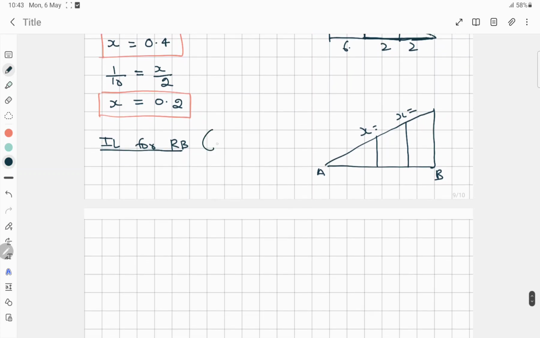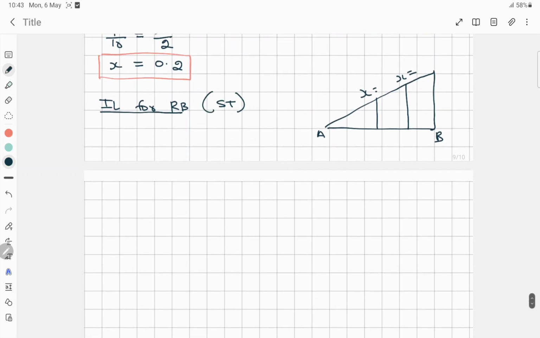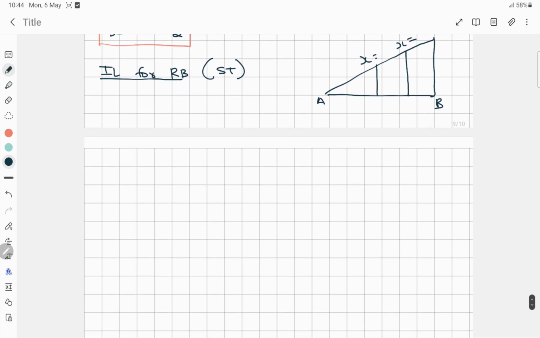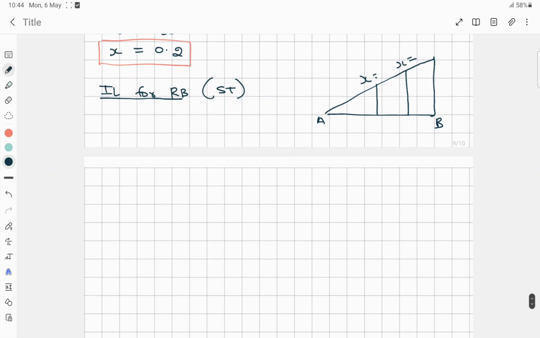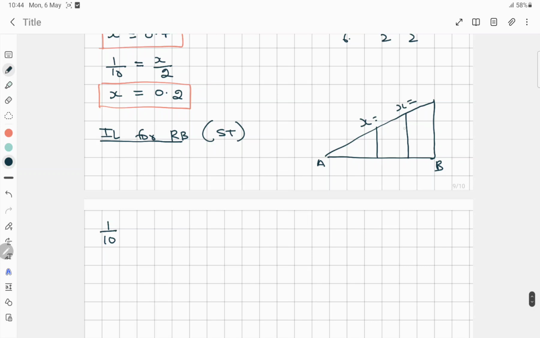So again, from similar triangles, it will be the opposite of that. No, sorry. So it will be 1 by 10, this big triangle, and the small triangle: this is the big triangle, 1 by the whole distance, which was 10, is equal to x divided by this distance, which was 6, and this one is 2, so the total is 8.